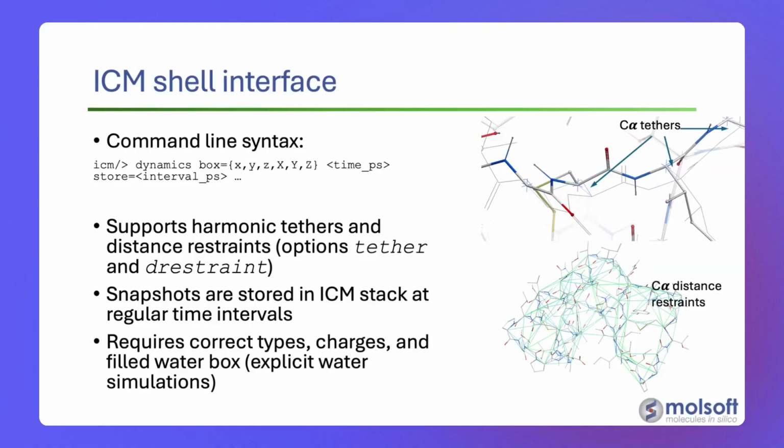It's important to note that explicit water simulations require proper atom type charges and a fully filled water box prior to running the dynamics. This is on the command line. We also have a script and also the GUI, which I'll show as well.